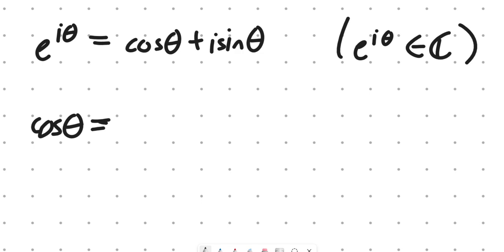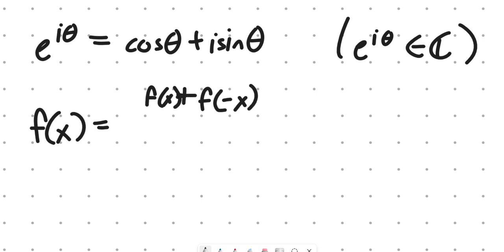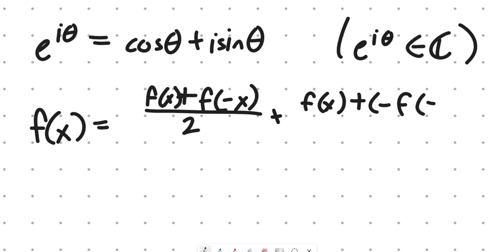Now we know that there's a formula that states that every function f of x can be given by taking the even function and the odd function and adding them both up, because since we have f of x plus f of x, we have 2f of x, but divided by 2 is f of x, and f of minus x minus f of minus x is equal to 0.